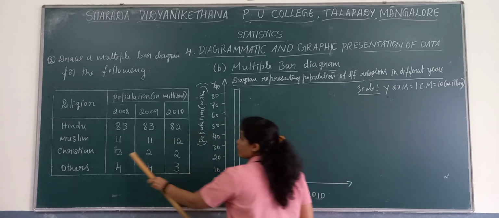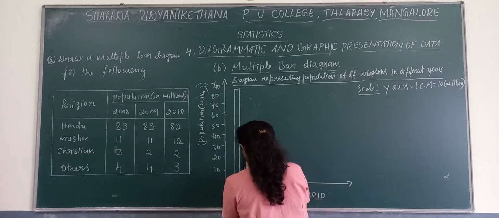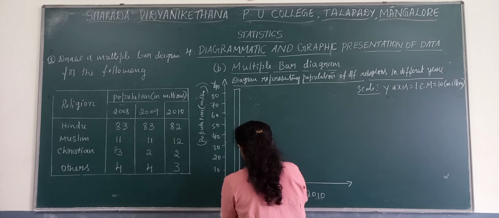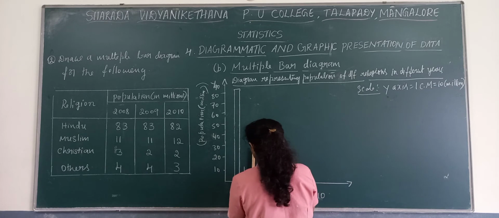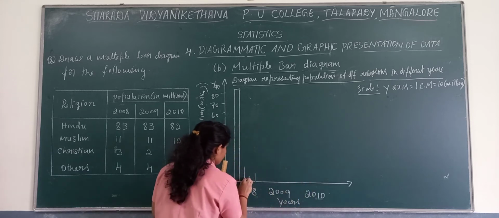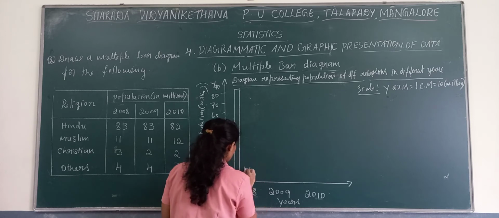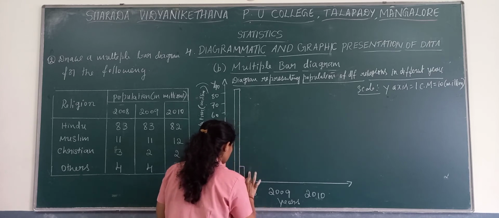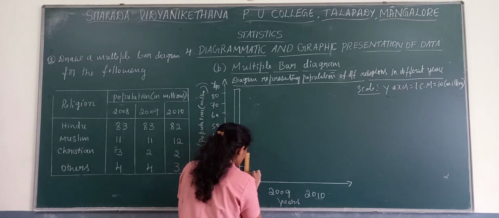Then Christian population is 3, and other population is 4.